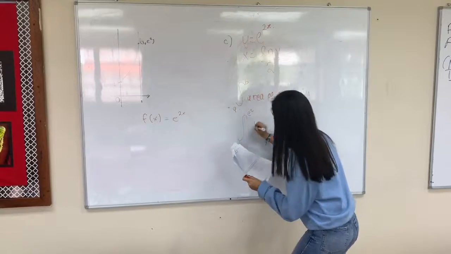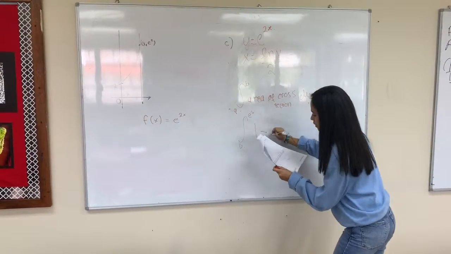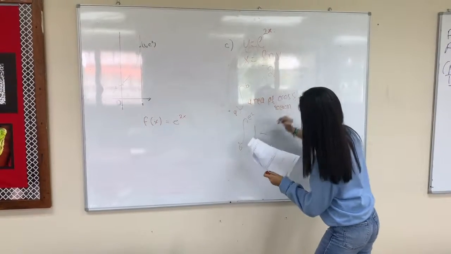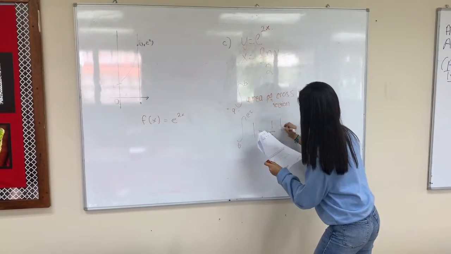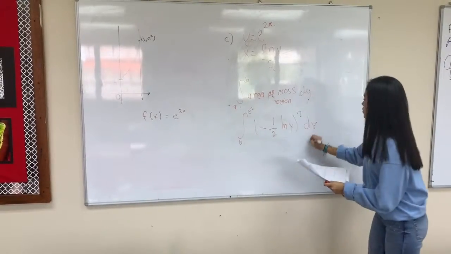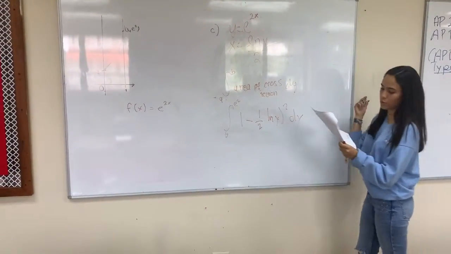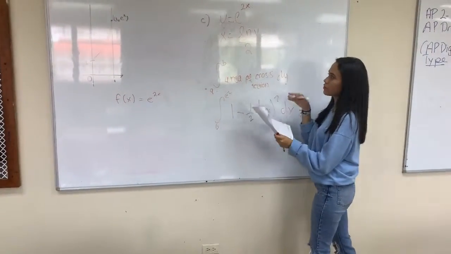And then you put 1 because it's the outside function. So you put 1 minus this expression, 1 over 2 ln y, to dy. And that's the answer because it's not telling you to solve it, only to not evaluate it, but just write the expression.